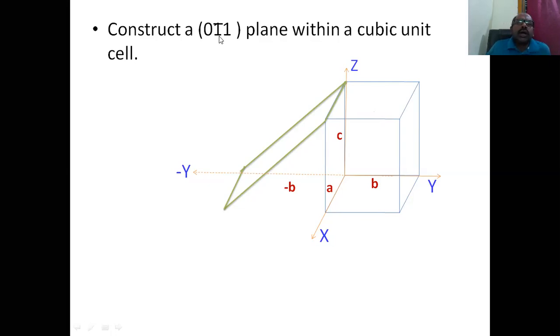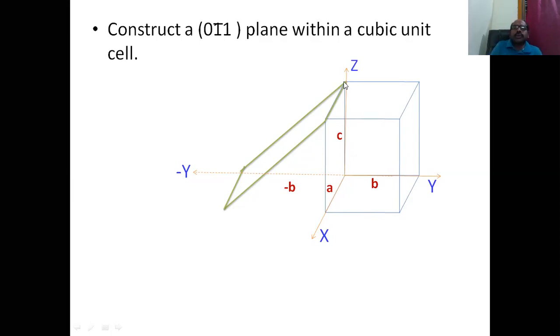Next, the y coordinate is 1 bar, that means minus 1. The plane should intersect the negative y-axis at a distance of 1 unit length, and the plane should intersect the z-axis at unit length. Here it is shown with the green plane. Along the negative y-axis it is intersecting at a unit length distance, at a distance of minus b, and it is intersecting the z-axis at the unit length.